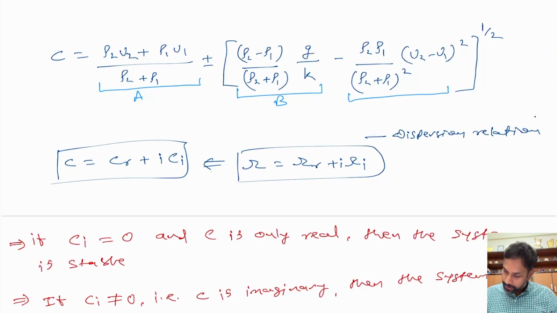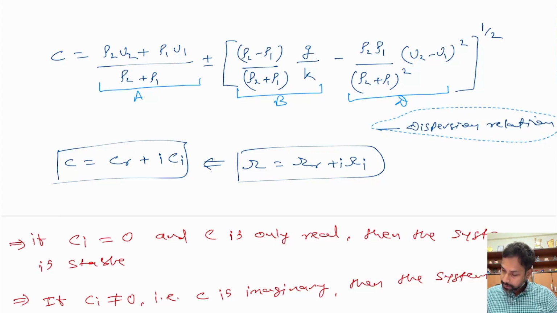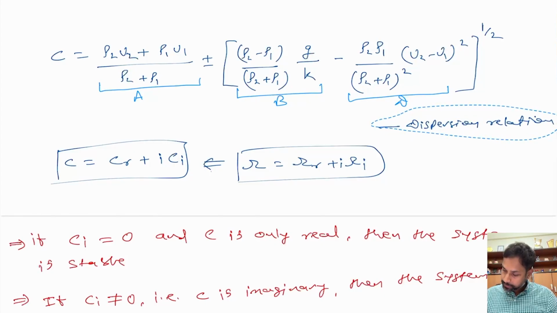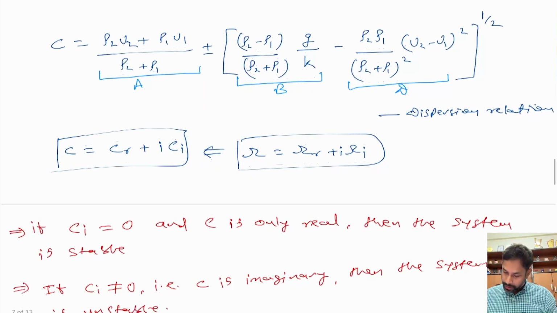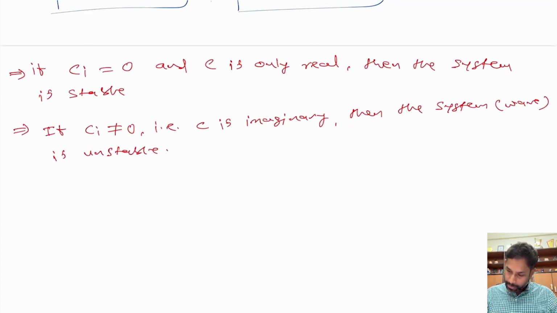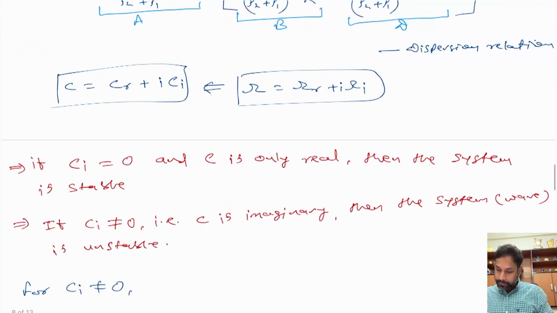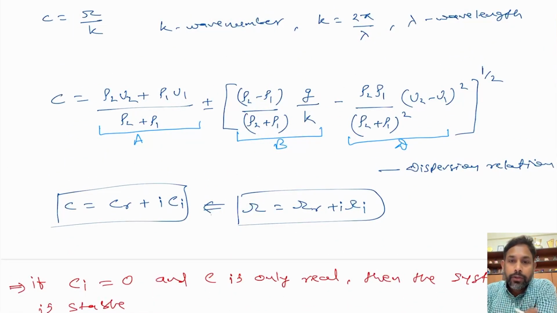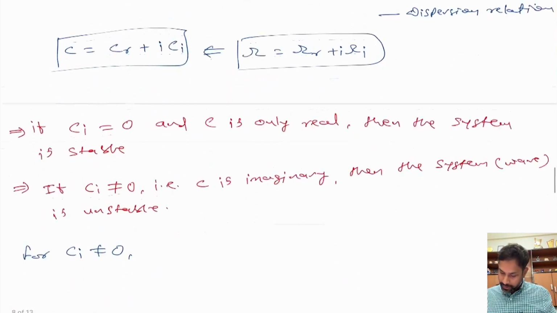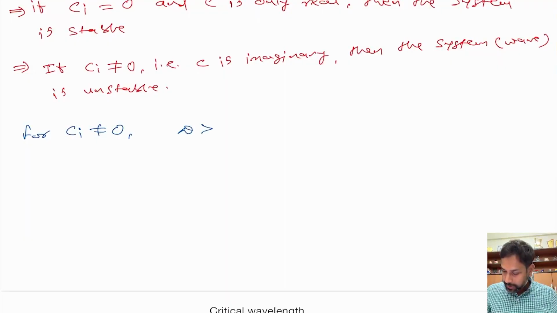Let's call this D. So for ci to be not equal to 0, the value of D must be greater than value of B, right? Because you see this is within the square root and it is only possible when D is greater than B, right? D is greater than B.